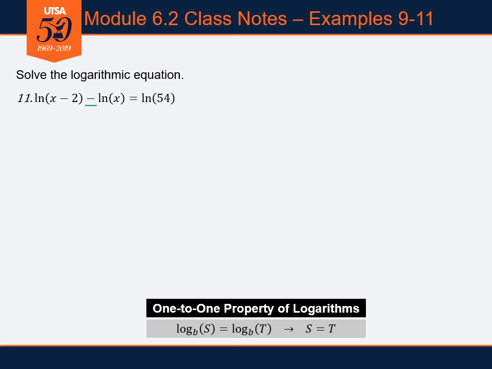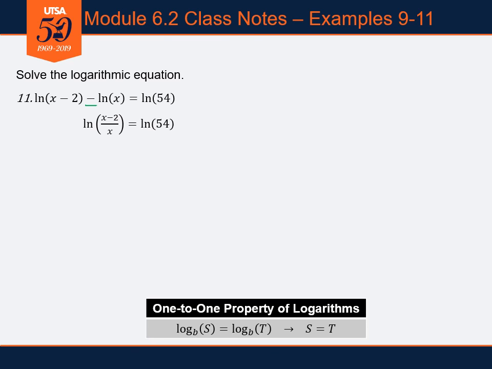But you remember what we can do with a difference of two logarithms: we can combine those using our quotient rule into a single logarithm of a quotient. The natural log of x minus 2 divided by x. That's our quotient rule for logarithms back from module 6.1. And now we've got a single logarithm equal to a single logarithm.